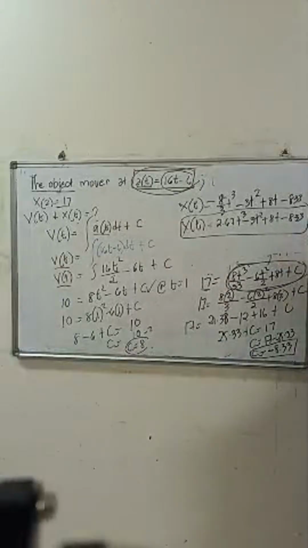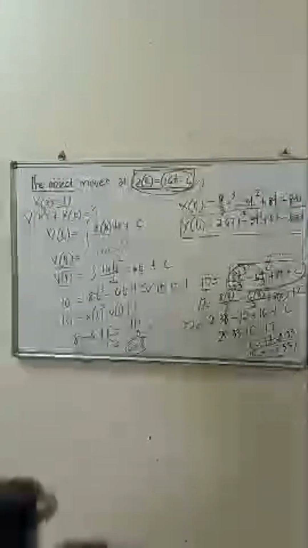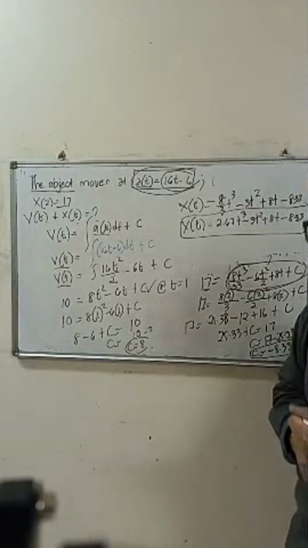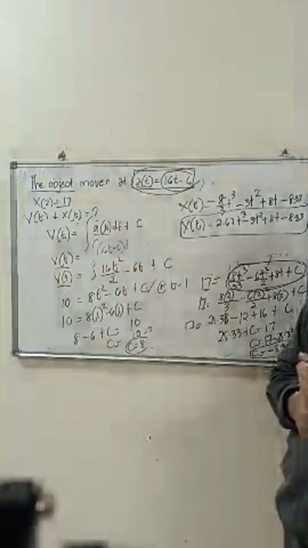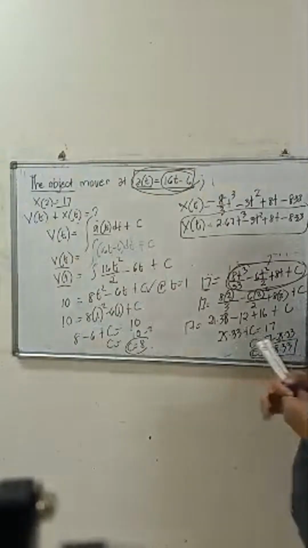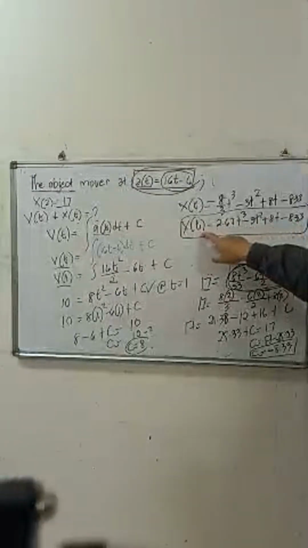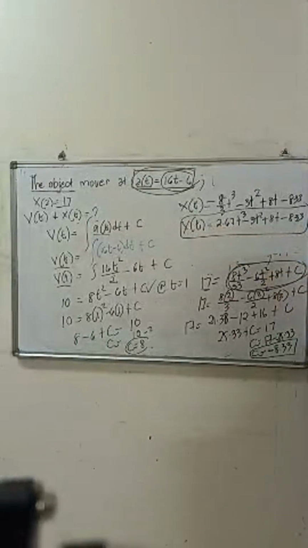So for example, the object moves at a function of t equal to 16t minus 6 at x of t equal to 17. What is the time at the minimum of the distance function of t? Clearly it's a minimum, so we need minimization, maximization, maxima, minima. So you will differentiate this and equate it to 0. You get the point?